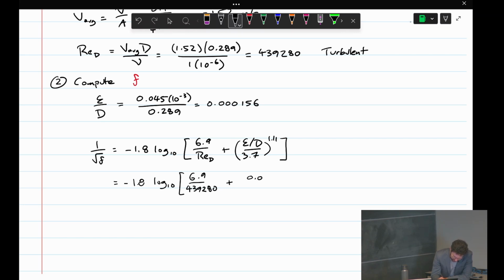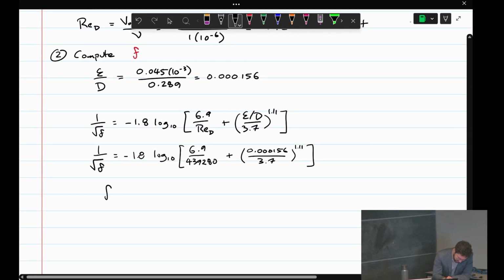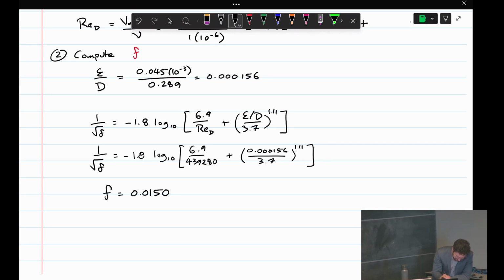Okay, our relative roughness is 0.000156. Again, that's 1 over the square root f. So our f is 0.0150. Any questions on that? So that's the method for the exam. And I'll be clear in the question that I want you to do this method for the exam.